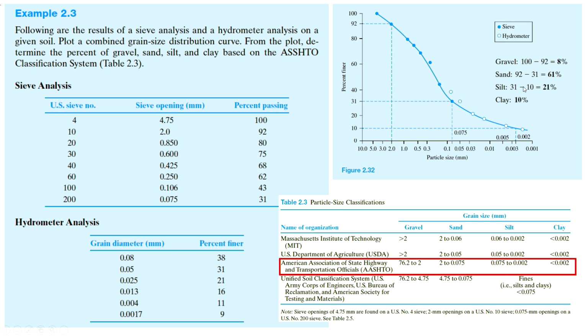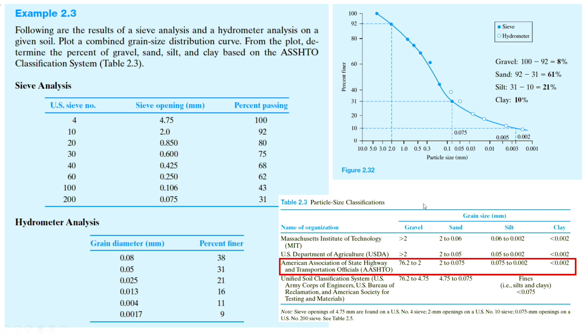This is the percentage of silt. And finally, the rest is clay. Clay is a particle smaller than 0.002, so it is the percentage of this part. It is about 10%.